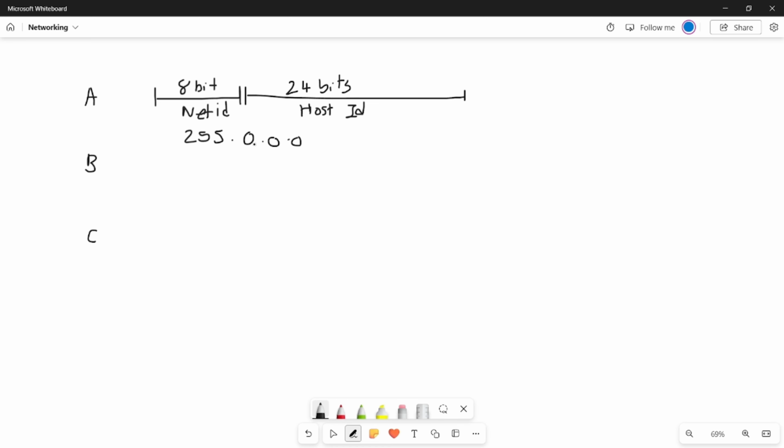So the subnet mask of this class A IP address is 255.0.0.0. Why do I say the subnet mask of this IP address is 255.0.0.0? The first part of the IP address is the net ID, and I said the net ID part will not change. The only part that will change is the host ID part.